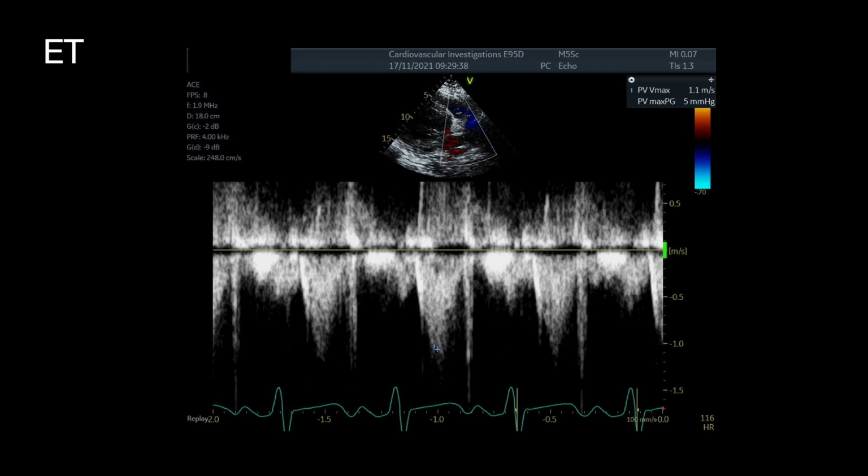And then a continuous wave Doppler over the pulmonary valve to measure the maximum velocity through the valve. You can see there it's 1.1, which is normal. Normal's less than 3.